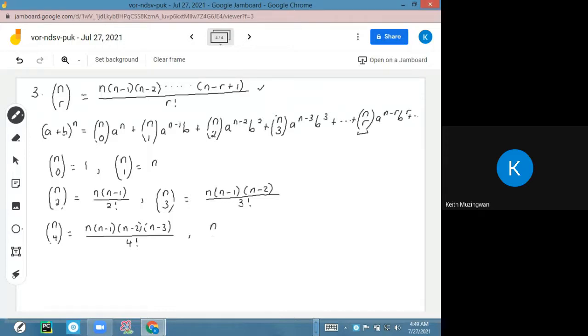If we try n choose 5, what will come out is n(n minus 1)(n minus 2)(n minus 3)(n minus 4) over 5 factorial.